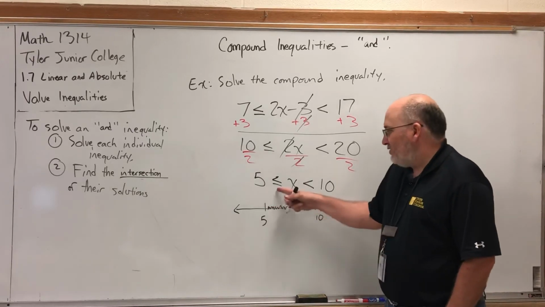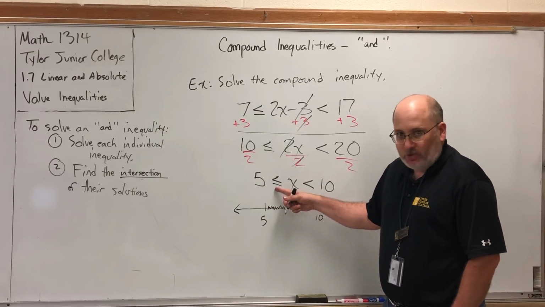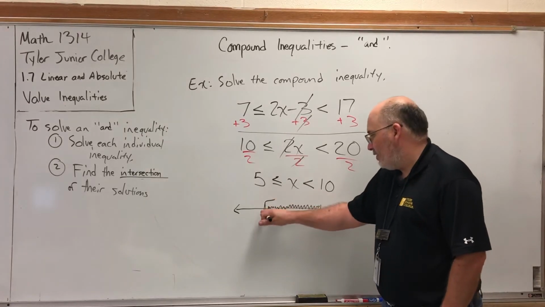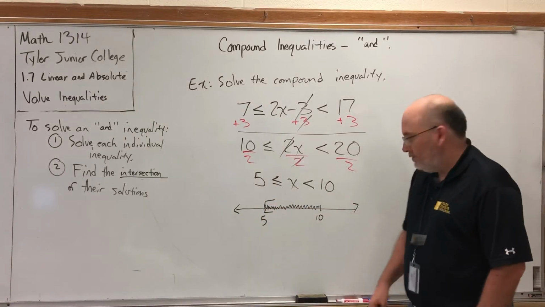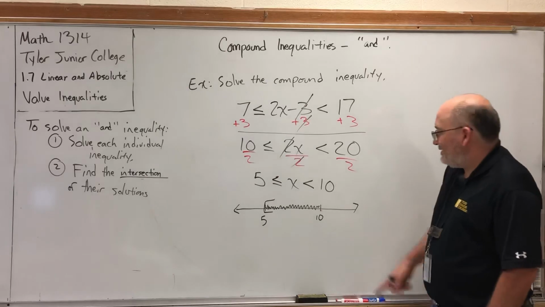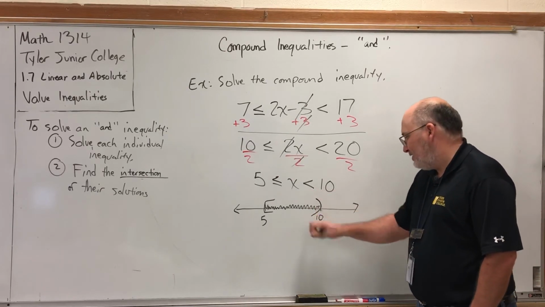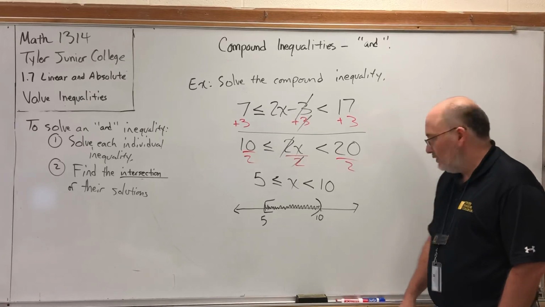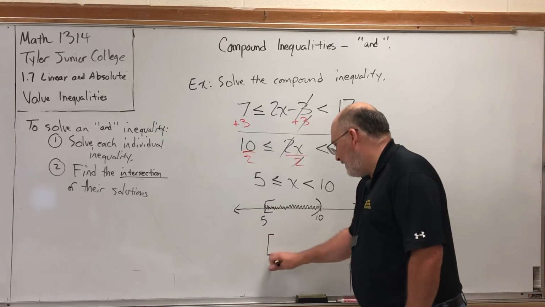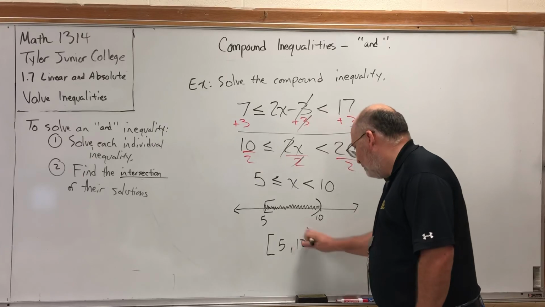Since it says 5 is less than or equal to, we include the 5 and put a bracket on it, opening towards the right. And since it says x is less than 10, we don't include the 10, we put a parenthesis on it, opening towards the left. And so our interval is bracket 5, comma 10, close parenthesis.